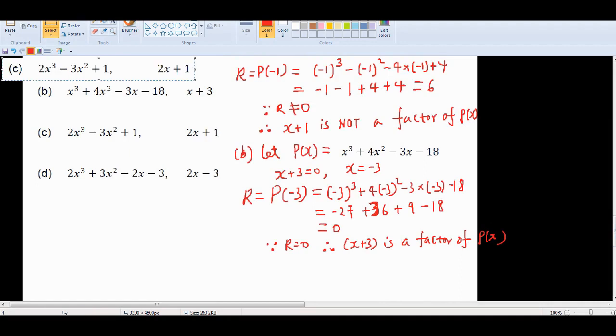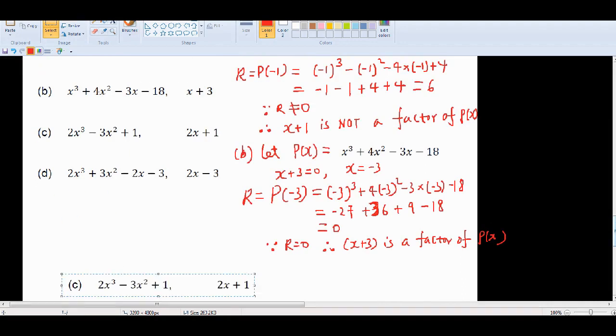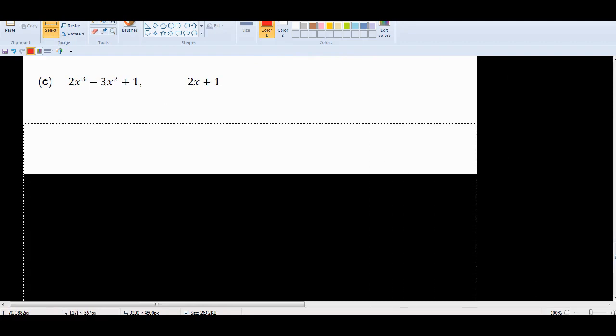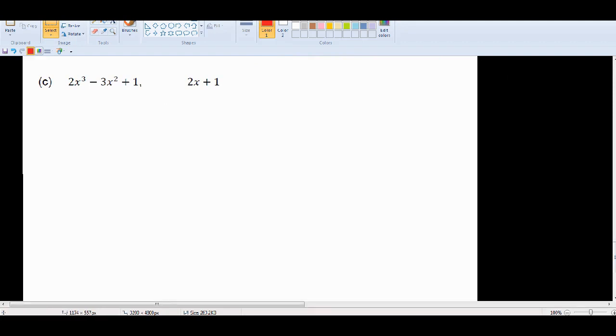C is a little bit special. Okay, so for C, you see, this is a polynomial, but the special thing is that the linear factor this time is 2x plus 1. Again, let p(x) be our cubic polynomial, which is this one.